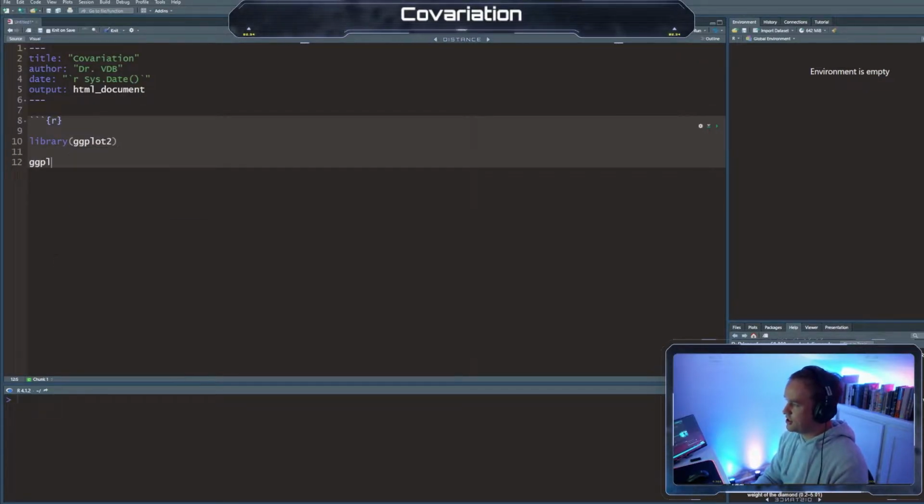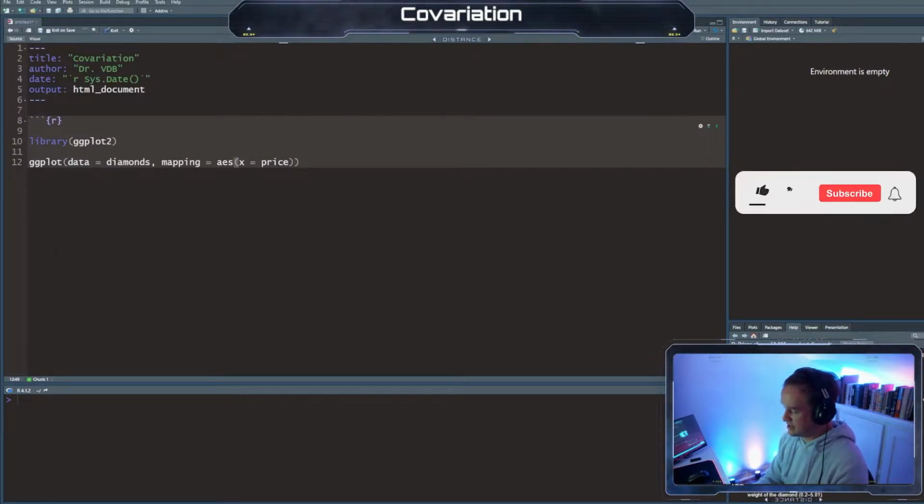Then we're going to do ggplot, data equals the diamonds data set, mapping equals aesthetic, x equals price, so we'll have price on the x-axis.